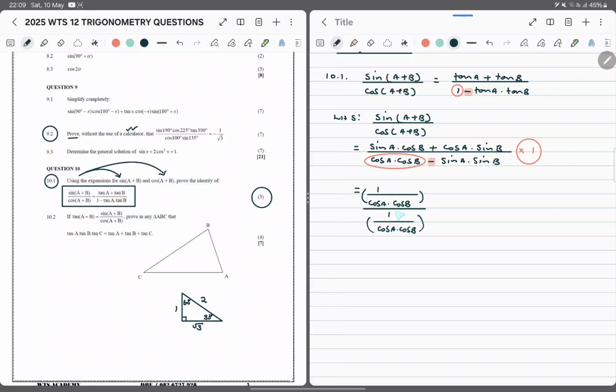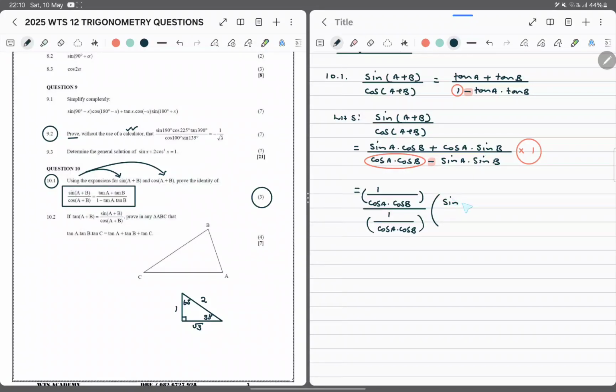Remember, the numerator divided by the denominator is just 1. And we're just going to multiply this in. Is it necessary to do this? We can do it lengthy.